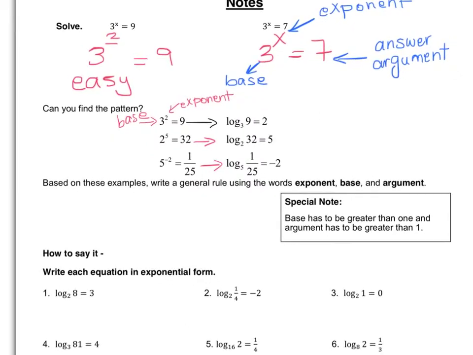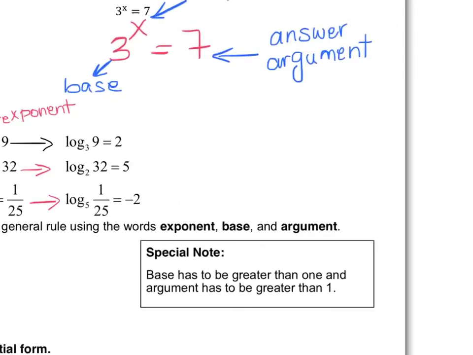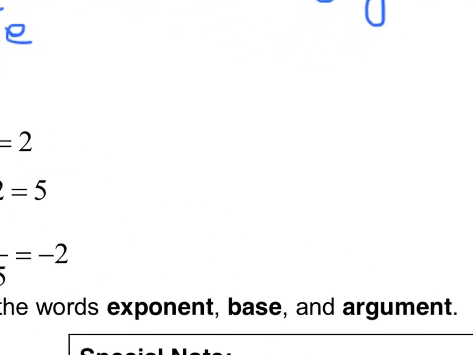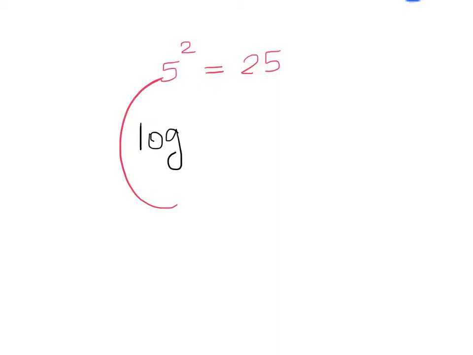Before I do that, I would like to take some time to see how you can switch between the log and the exponent. So let's try to do that. If you have 5 to the power 2, and that is 25, so log, what you can do is that the base goes there, and you write it small.